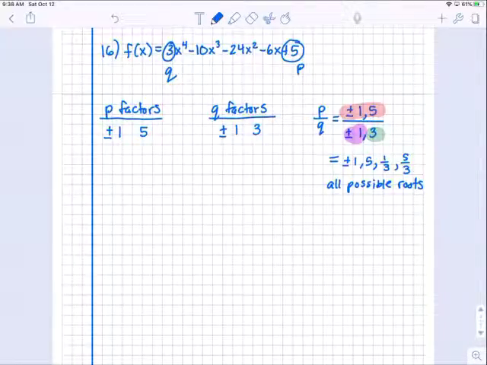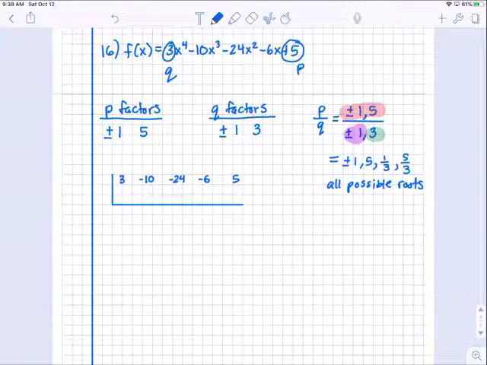Alright, so now we can do synthetic division. We got 3, negative 10, negative 24, negative 6, and we got 5. Now we have to guess a root, right?